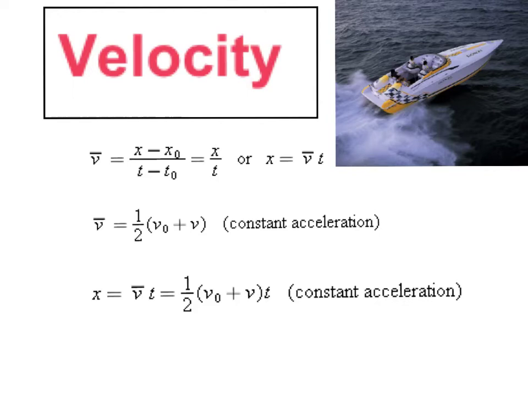Now, if we plug this equation in for average velocity, what we end up with is a new equation for calculating our position that is 1/2 times the sum of the initial velocity plus the final velocity times time.